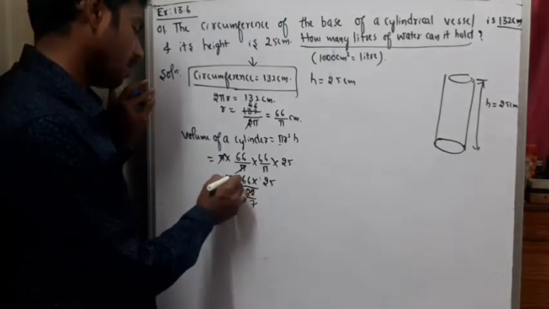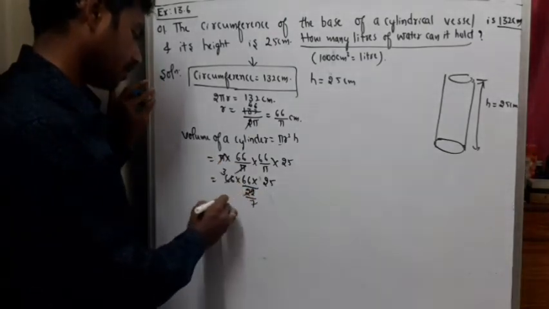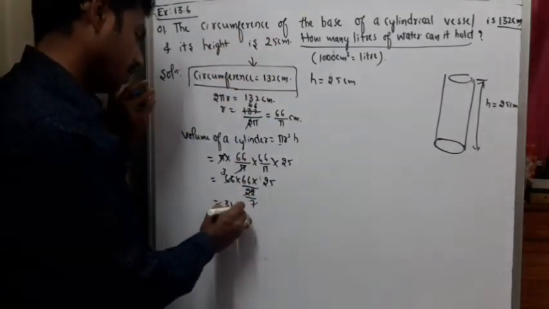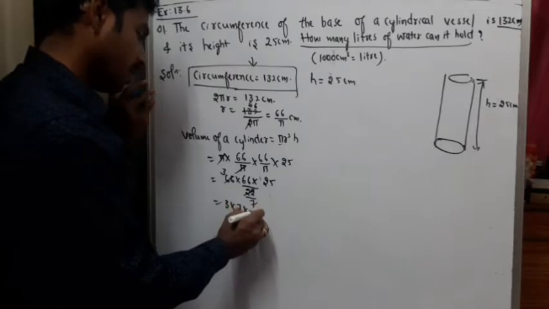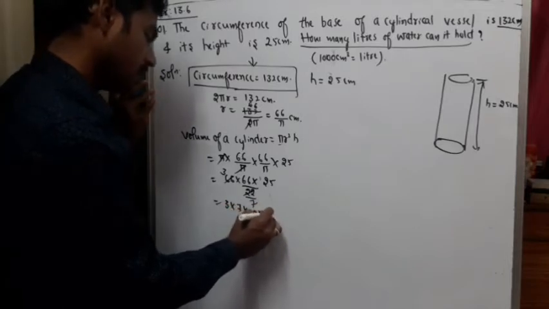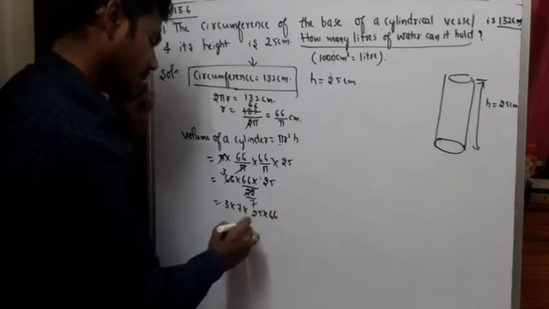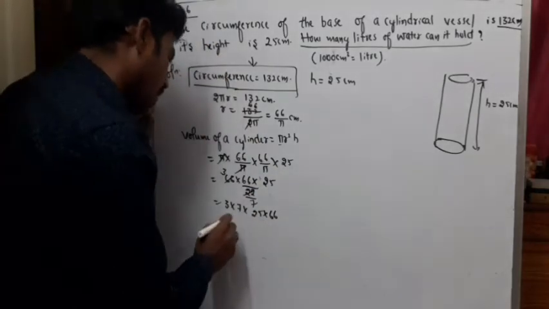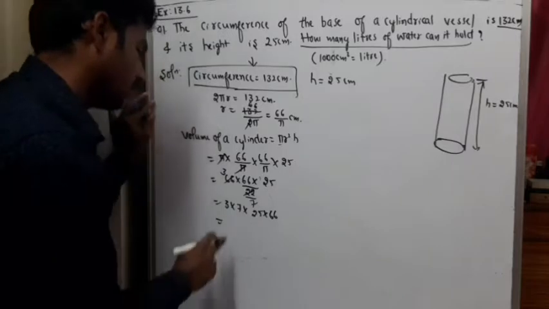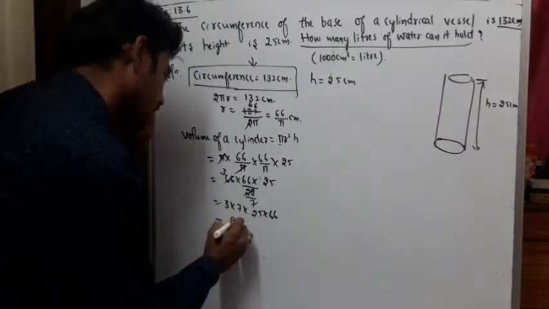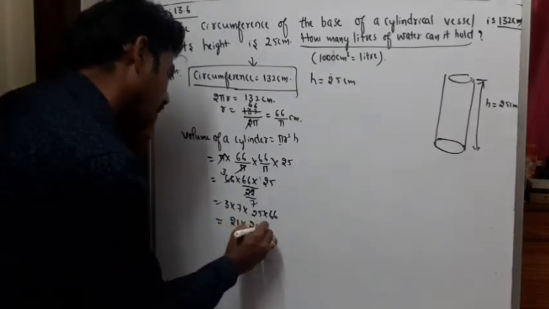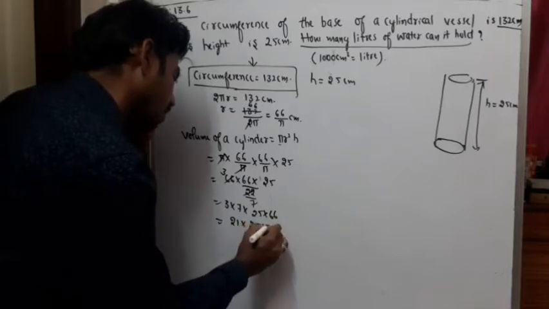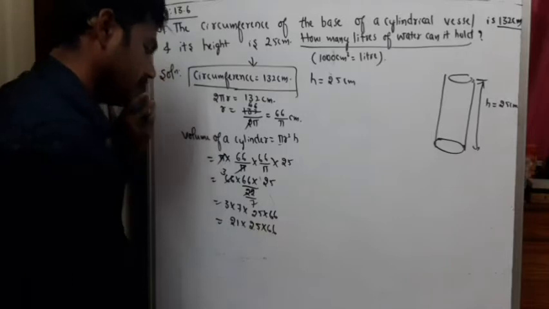22 1s are 22, 22 3s are 66. This 7 will come to the numerator, that is 3 into 7 into 25 into 66. Now what we can do? So 3 7s are 21 into 25 into 66.